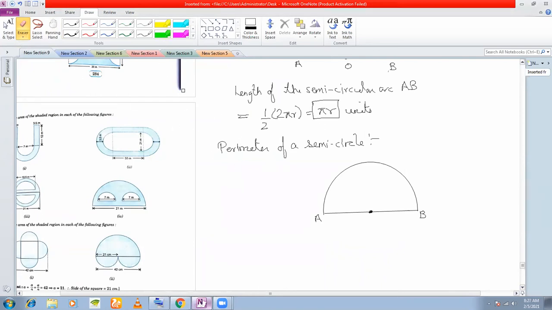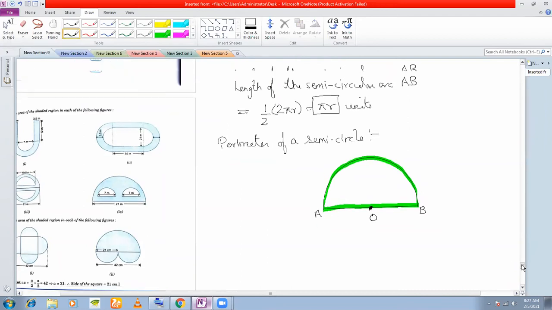Now, what do you mean by the perimeter of a semicircle? You see this boundary? The entire boundary is called the perimeter. The length of this entire boundary is called the perimeter. If R is the radius of this semicircle, then this length is R. In fact, I had forgotten to write in the earlier figure also that this is your R, and this is also your R, the radius of the circle.